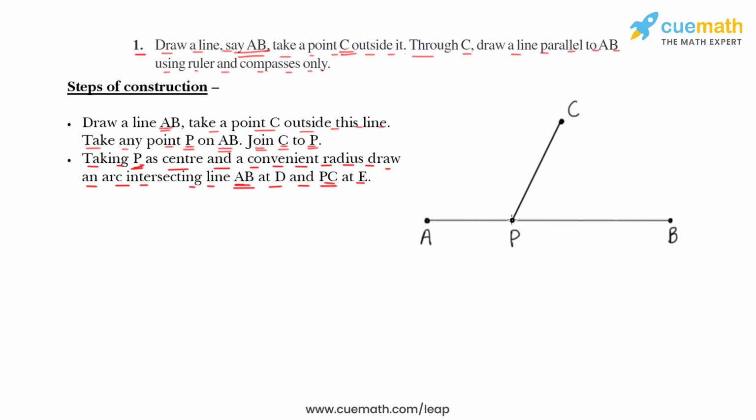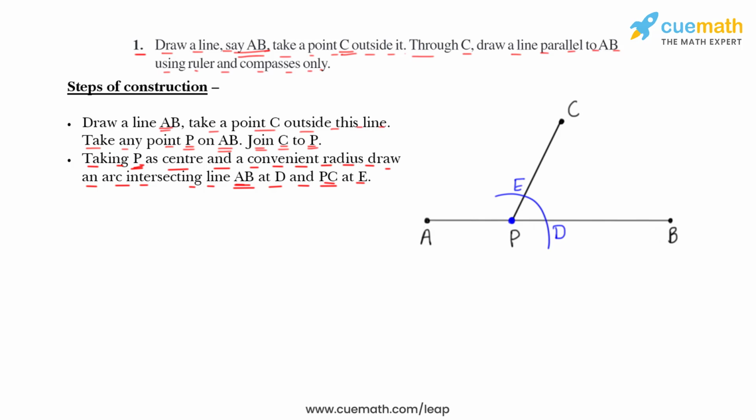Taking P as center, we draw an arc which will intersect both PC and AB, like this. It will intersect line AB at D and PC at E.